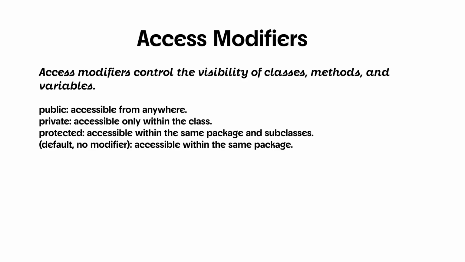Protected allows access within the same package and also by subclasses, even if they're in different packages. If you don't write any modifier, called default or package private, it's accessible only within classes in the same package. Using access modifiers helps you protect your code, hide unnecessary details, and keep your program organized and secure.